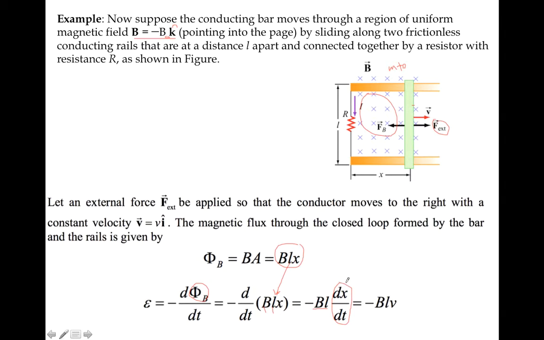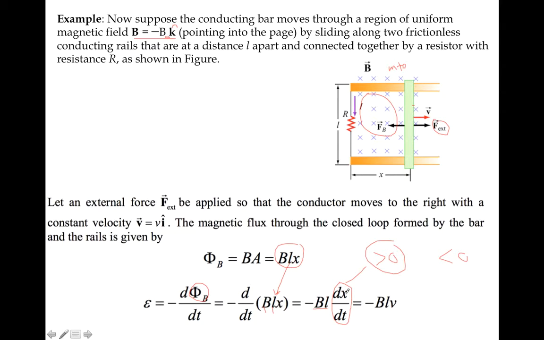Now, is this greater than 0 or less than 0? Remember, this is moving this way, so x is continuously increasing, and dx dt is positive.